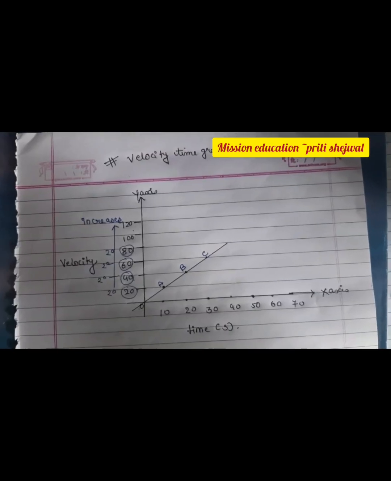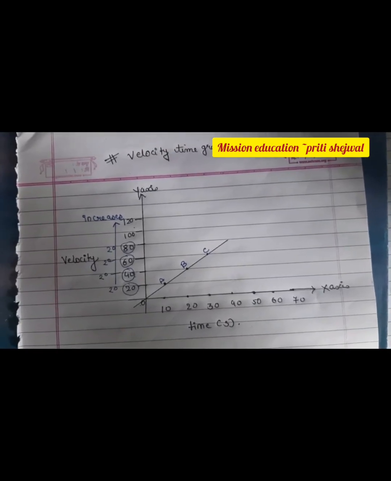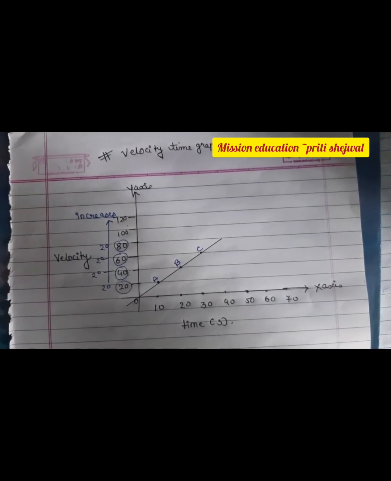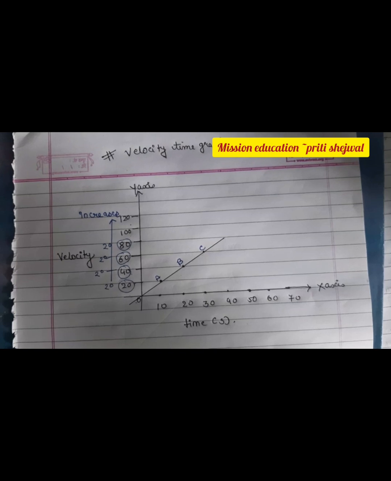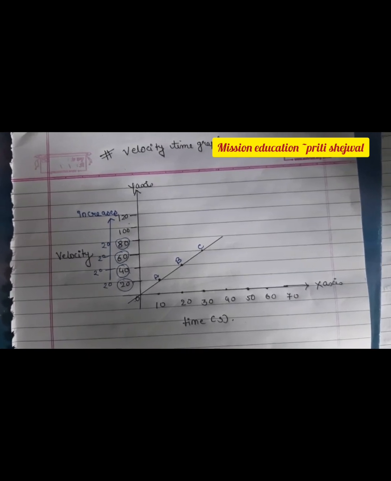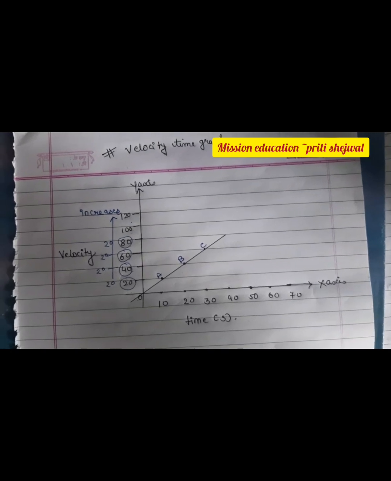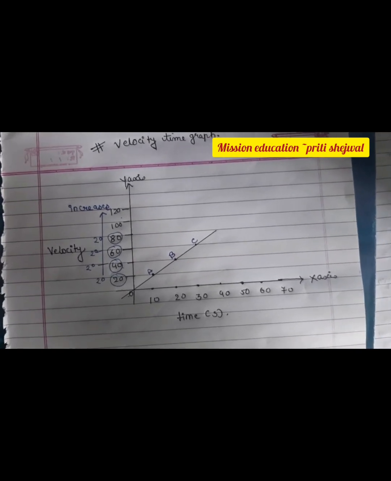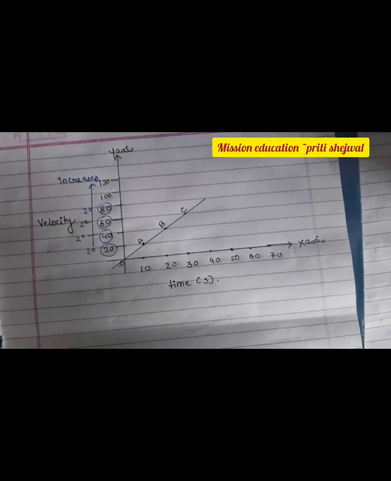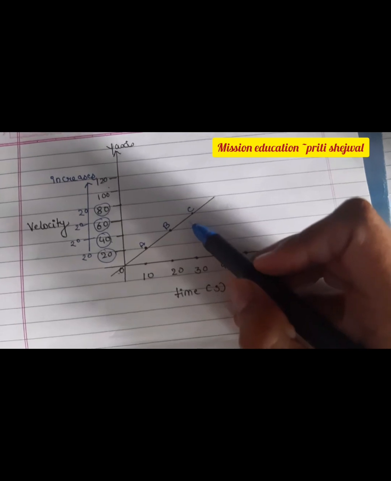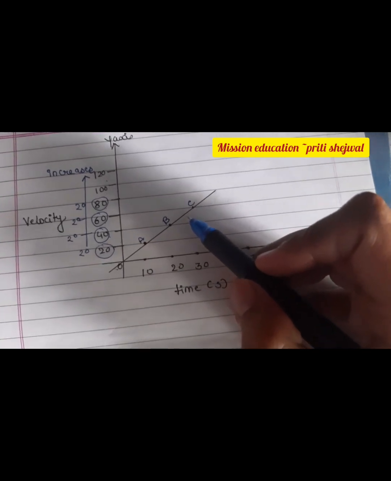This is the example of uniformly accelerated motion. Velocity is changing but uniformly. If here the velocity is constant, then you can't find out the acceleration. We have learned that acceleration happens when velocity changes. Here from A to B, B to C, how are we finding the acceleration?